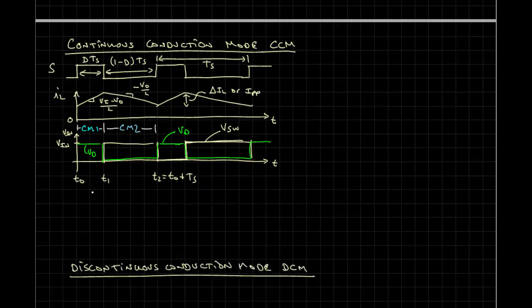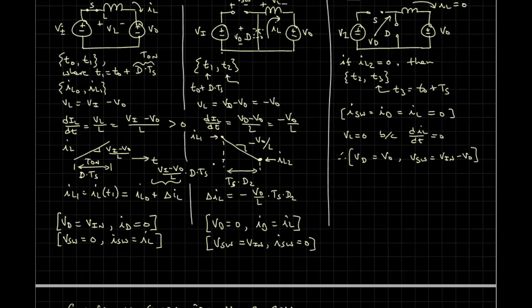Okay, so let's write down some relationships here. We've already found that delta IL in circuit mode 1 is equal to (Vin minus Vo) over L times D times Ts.